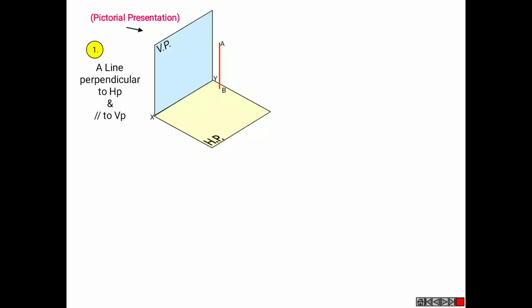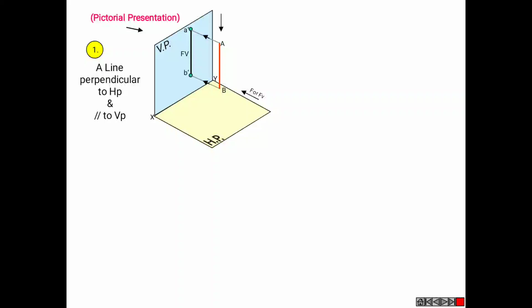You can see the line is called AB, capital A and capital B. The arrow mark shows you the observer, and the front view is given on the vertical plane. That is A dash and B dash. That is your front view.